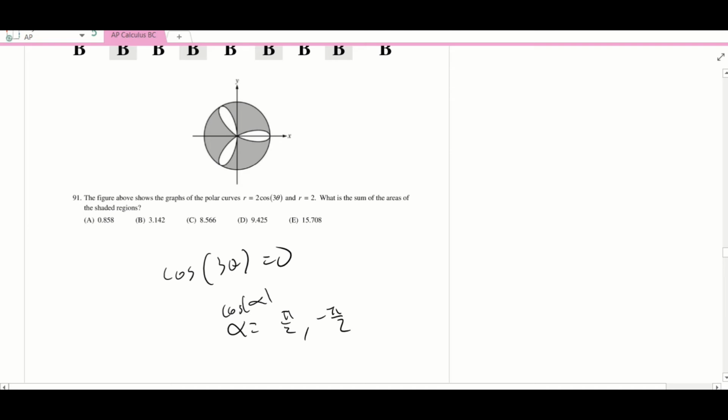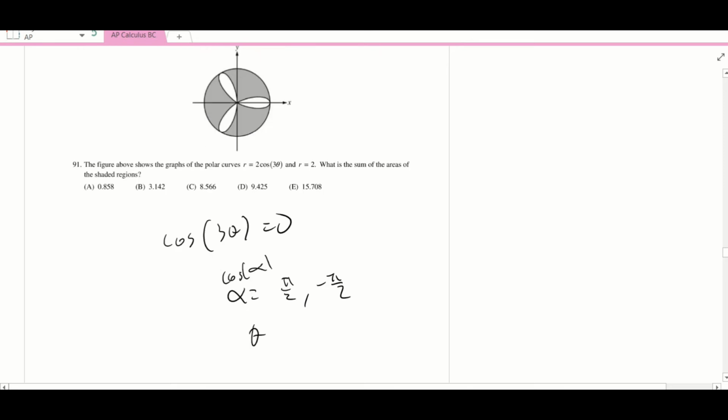So cosine 3 theta is 0 when theta is equal to pi over 6 or negative pi over 6.